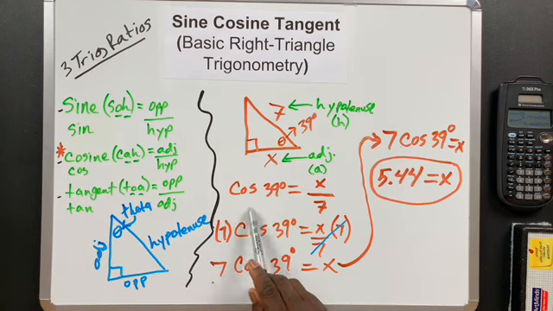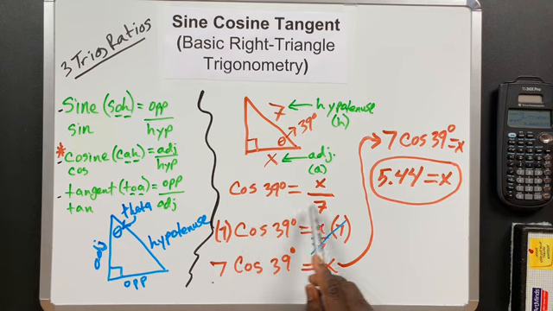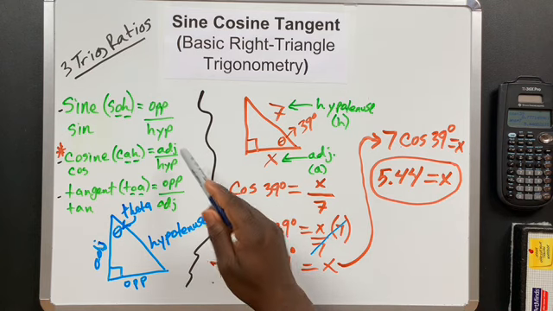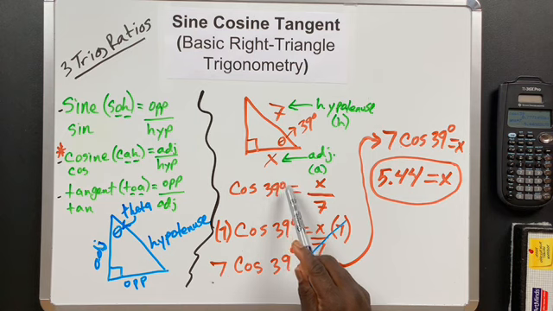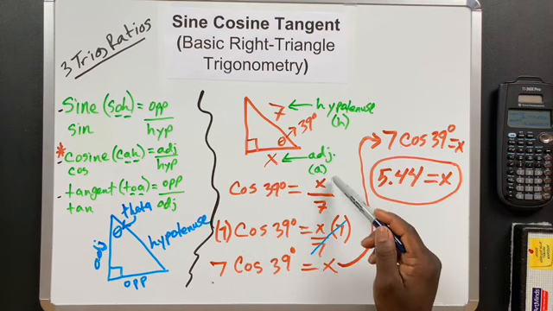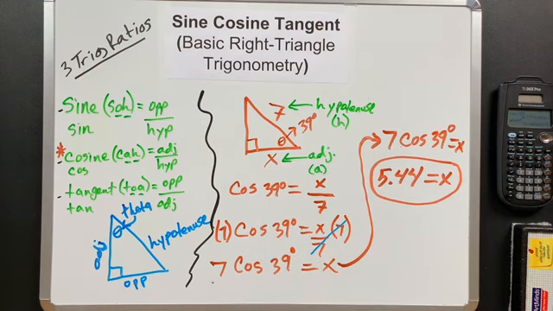So we write the equation as cosine of 39 degrees equals Cah adjacent, which is x, over hypotenuse, which is 7. Then we go to our basic algebra or pre-algebra skills. Solving for x, we have to get rid of this 7 to isolate that variable x. So we multiplied both sides of this equation by 7. Then we ended up with 7 times the cosine 39 degrees equals x.